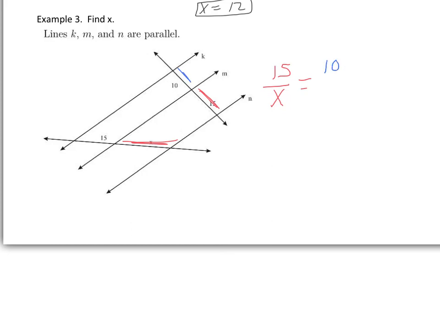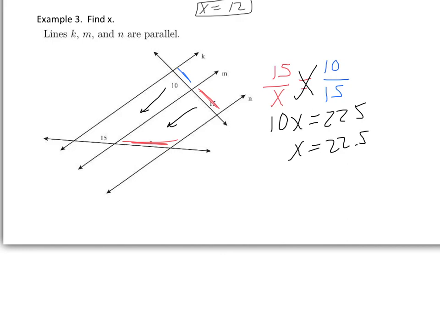Again, I'm going from basically the upper right to lower left, so keep your order to 15. Again, I went this order. Make sure I do that consistently with both, and now I can cross multiply, and we get 10x equals 225, divide by 10, and we get 22.5. And this ends section 5, parallel lines.